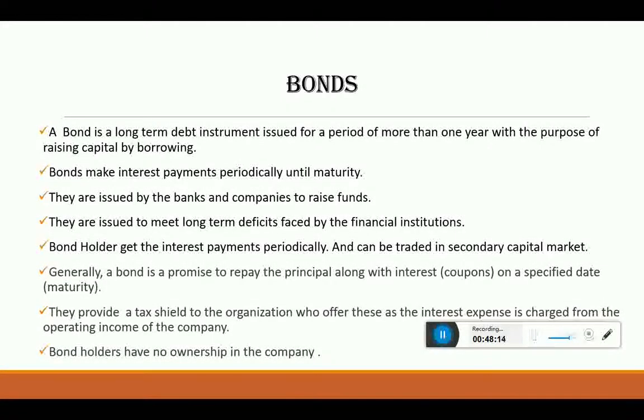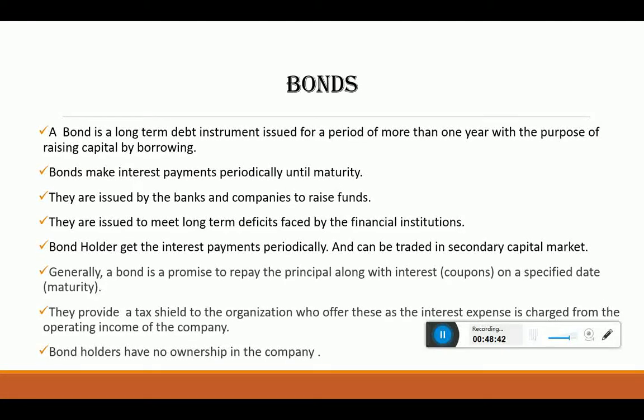They have an interest rate. They have a repayment of principal, how the principal amount can be repaid, and they are a good source of tax shield. Means they save you from paying more tax. It's because if you issue stock, you'll have to pay dividends, and dividends are subject to tax.